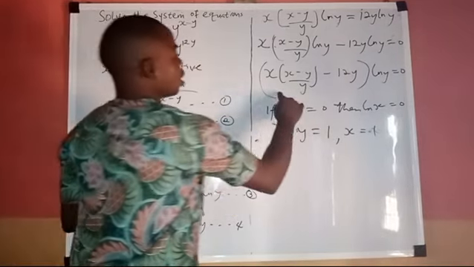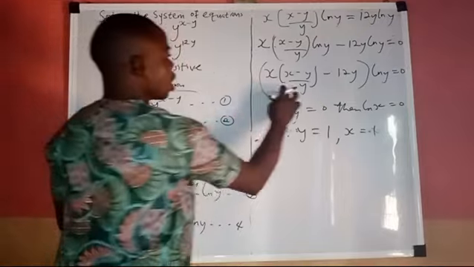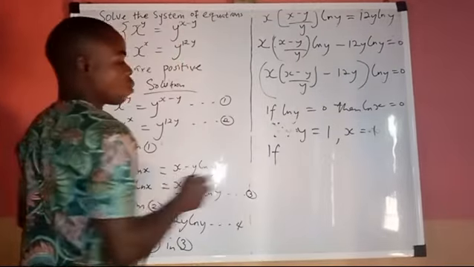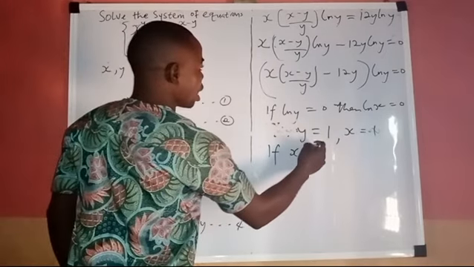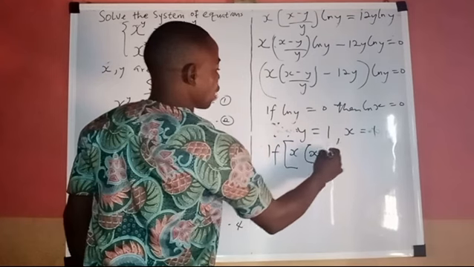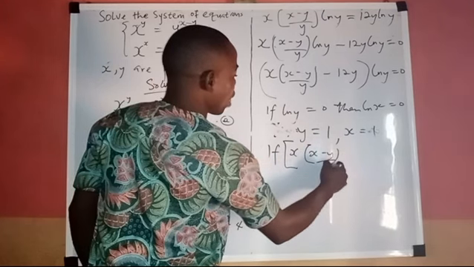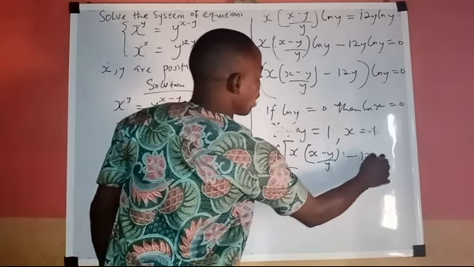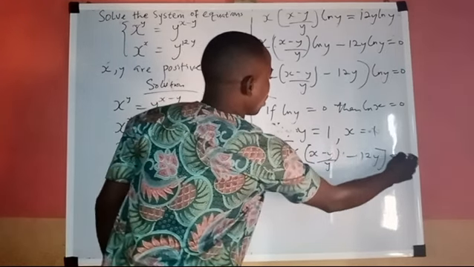So taking the second case, what if all of these things inside the bracket are the ones that are equal to 0? So let's put it this way: x into (ln x minus ln y divided by ln y) minus 12 ln y is equal to 0.